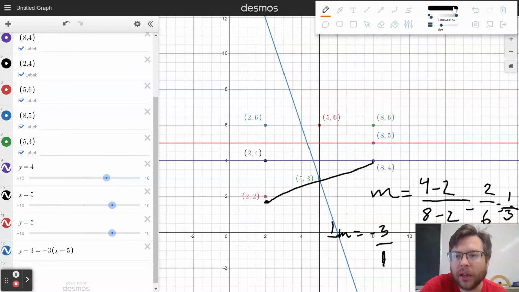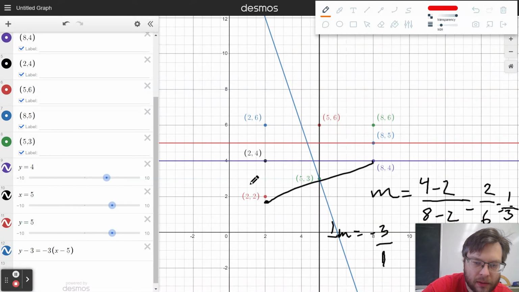I'm using a different color or a different type of drawing tool, so it's a little wonky, but 2 comma 2 was one of my original points, and everything that is below this purple line and to the left of this blue line will go to 2 comma 2.